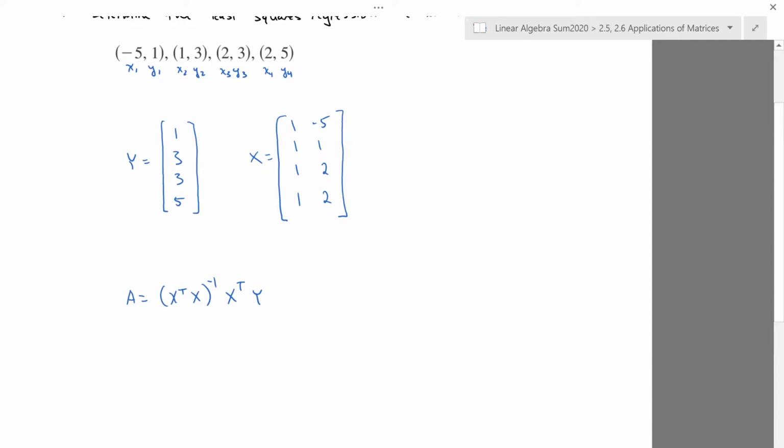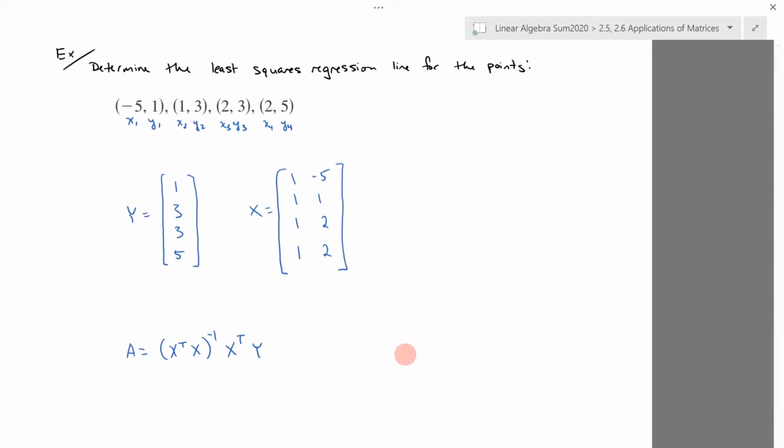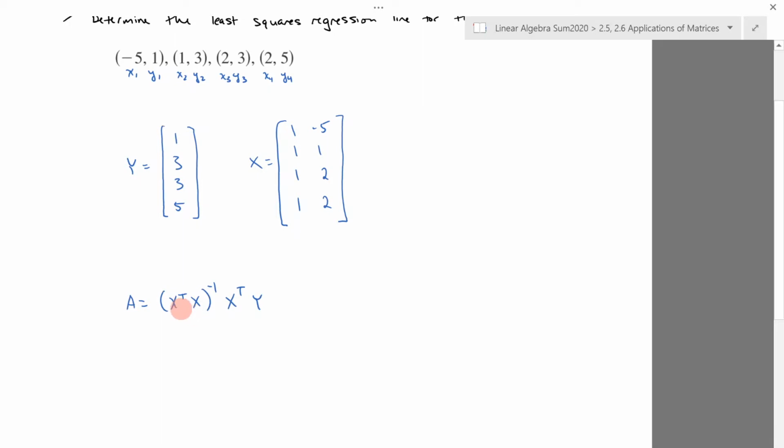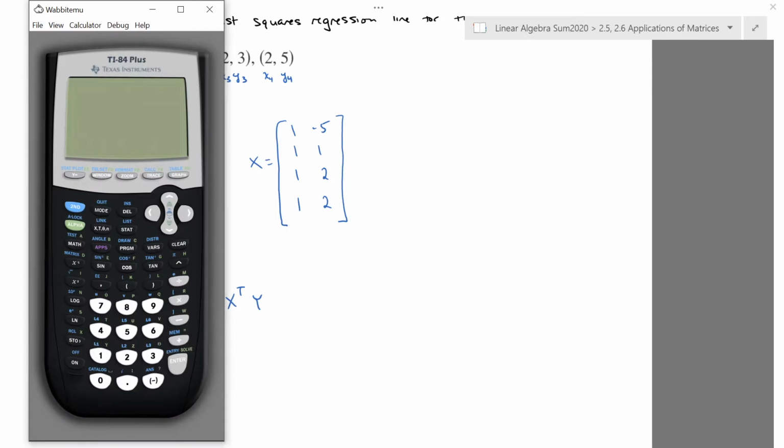In the PDF for this video, I calculated these individual parts by hand, one by one. First you calculate x transpose x, which produces a 2 by 2 matrix, and then you take the inverse of that, which is also a 2 by 2 matrix, and then you multiply it together with x transpose, and then with y. But to save time, I'm just going to put it into the calculator and calculate it all at once.